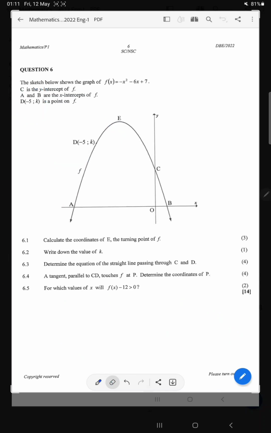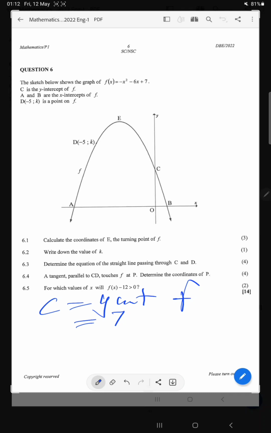We therefore move to 6.3. We have to determine the equation of the straight line passing through C and D. By the look of things, C is the y-intercept of the graph f. Therefore, there, the y-intercept is going to be 7.